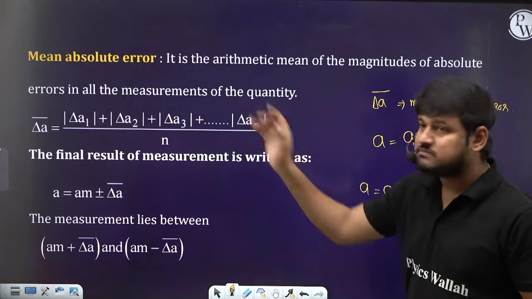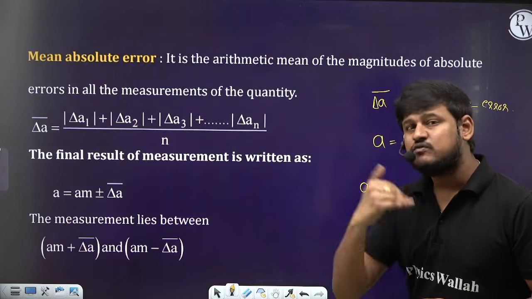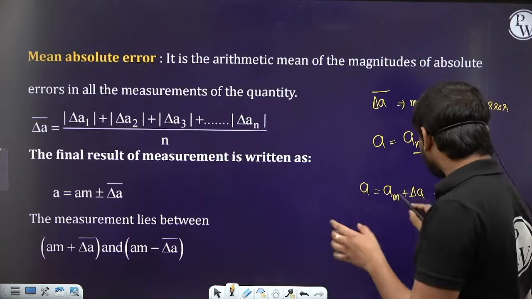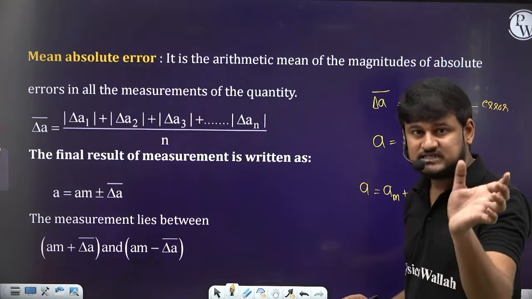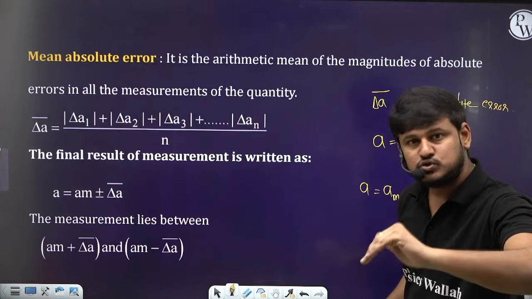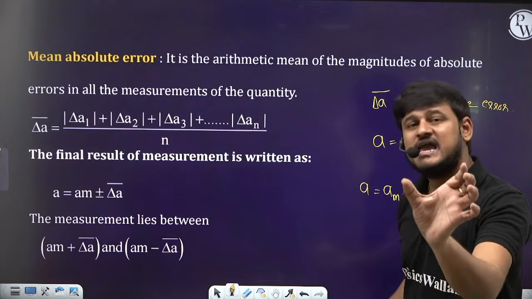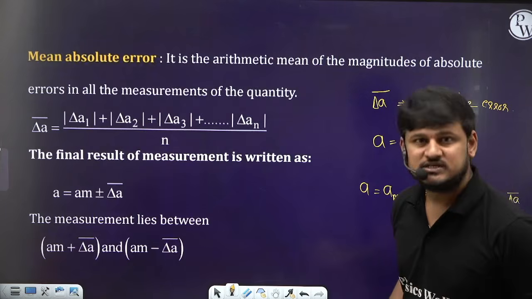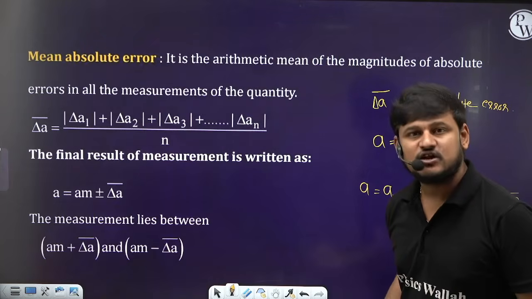It's the mean absolute error. I calculated one student's error like this: the mean AM minus student 1's measured value, that's the error of student 1. Then the mean minus student 2's measured value gives the error of the second.